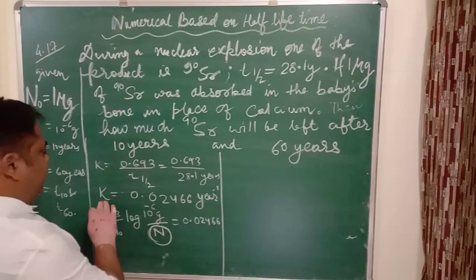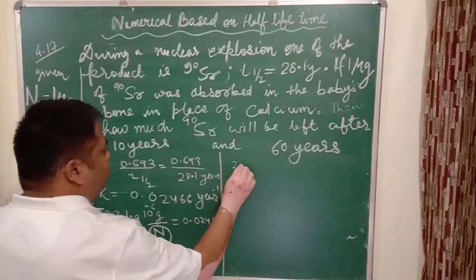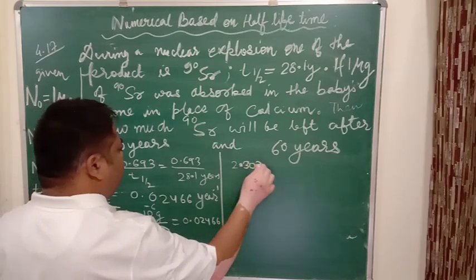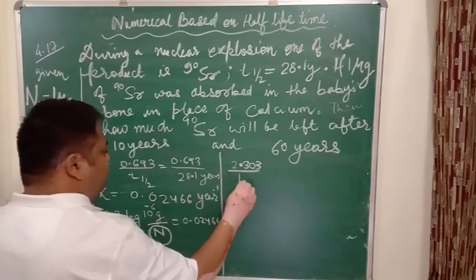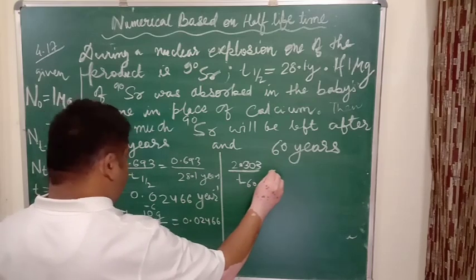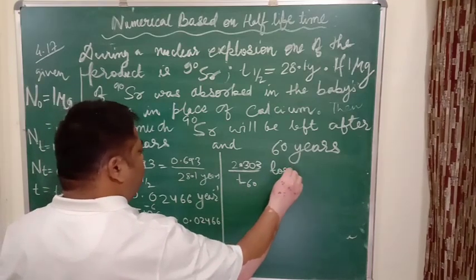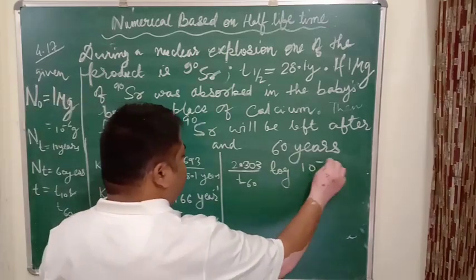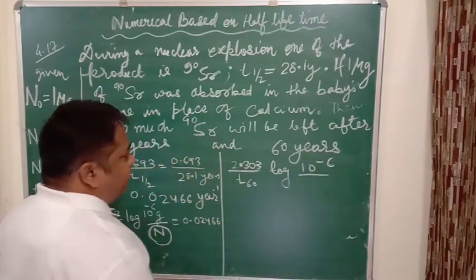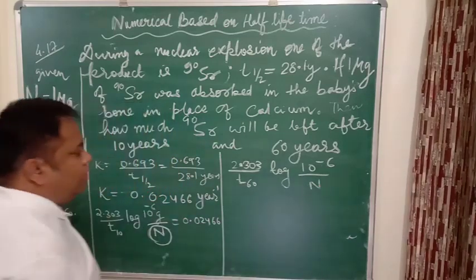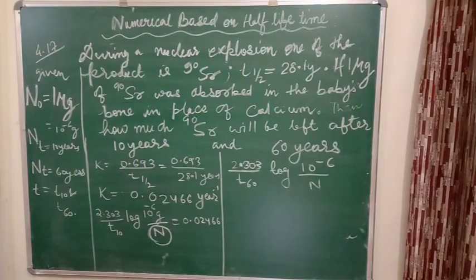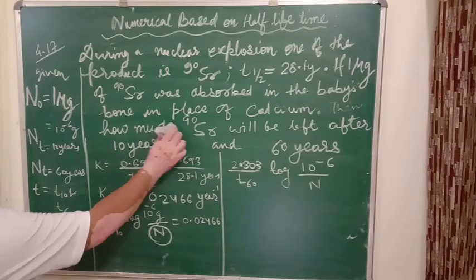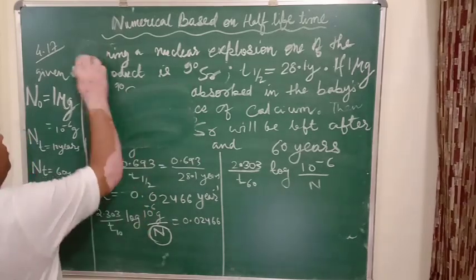Same is the case here, k is known to us, and 2.303 by t at 60 years will be equal to log 10 to the power minus 6 by N. Now it's all mathematics, we can solve it. If the problem statement is clear, then I can erase and start solving from the top again.